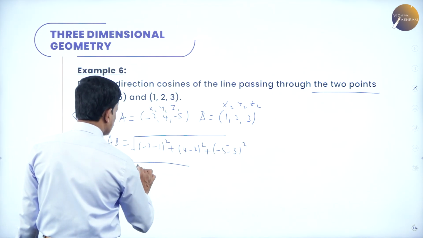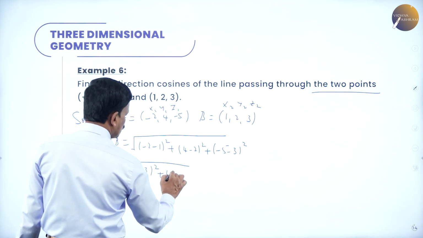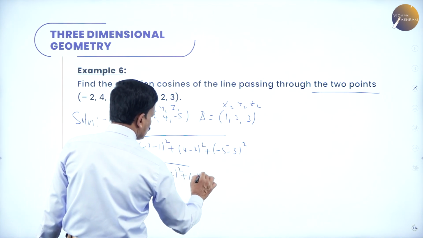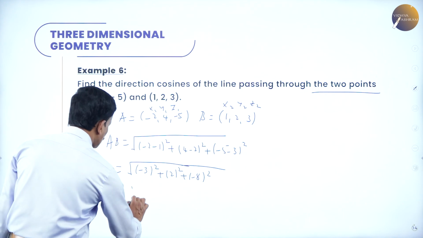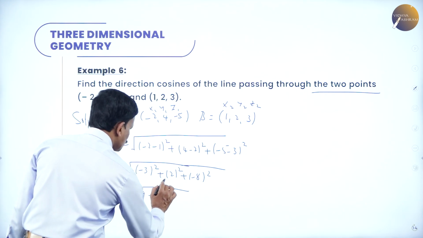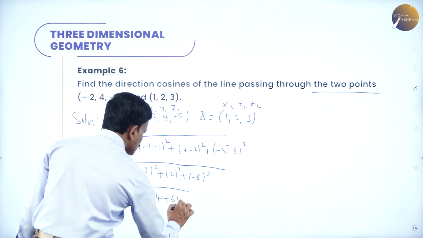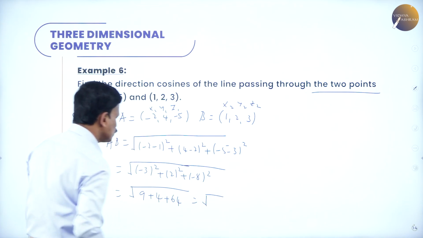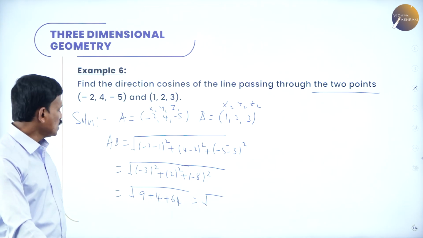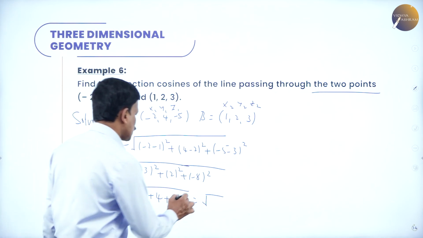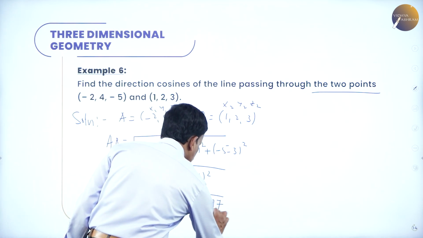This is equal to -3 square plus 2 square plus -8 square. 3 square is 9, 2 square is 4, 8 8s are 64. This is equal to 64 plus 4 is 68, 68 plus 9 is 77. So AB is root 77.